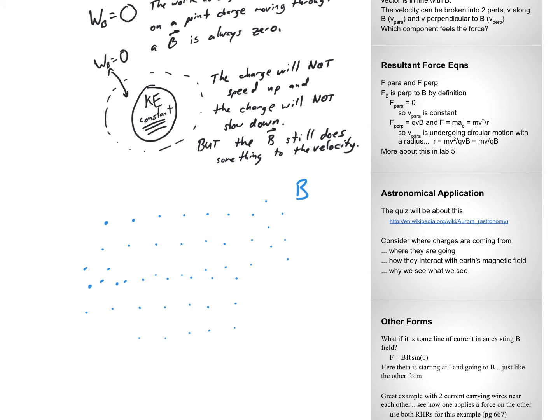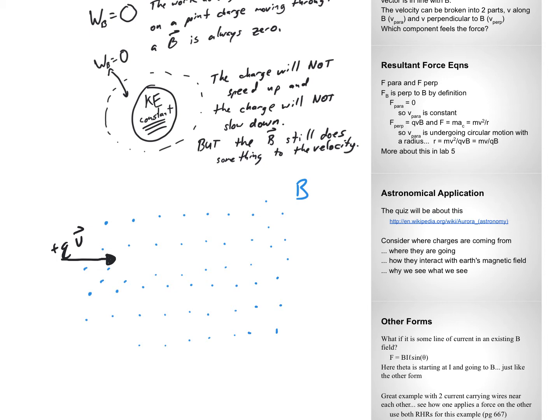Good enough for me. So we've got a magnetic field, and we're going to have a charge move into it. It's going to be a positive charge, moving with some velocity to the right.